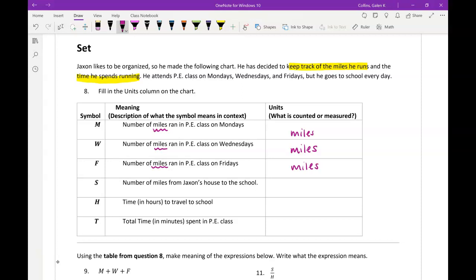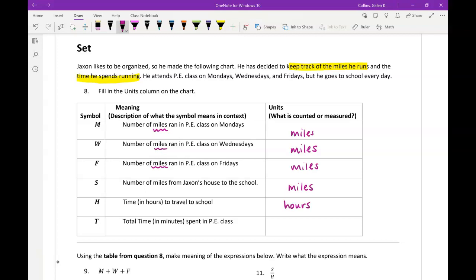But then we have the variable S, and that represents the number of miles from Jackson's house to the school. So we're still measuring in miles. H represents the time in hours to travel to school. So now the variable that we're measuring is time and the units are hours.